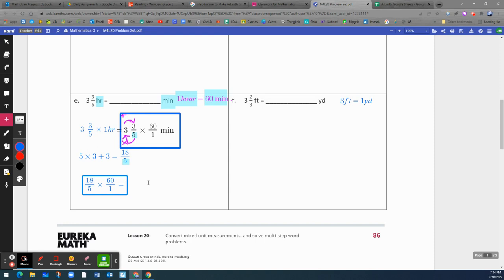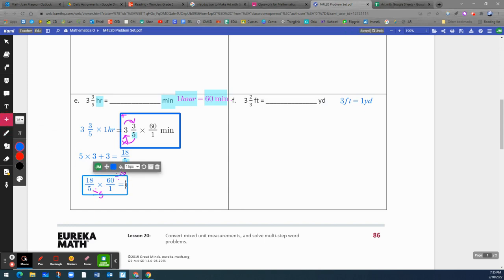Let's see. One thing that we can do and I recommend right now is I noticed that this number, 60, can be divided by 5. When a number has a 0 at the end, it can be divided by 5. And now we know that this 5 below can also be divided by 5. Now that is simplifying before you get to the answer.